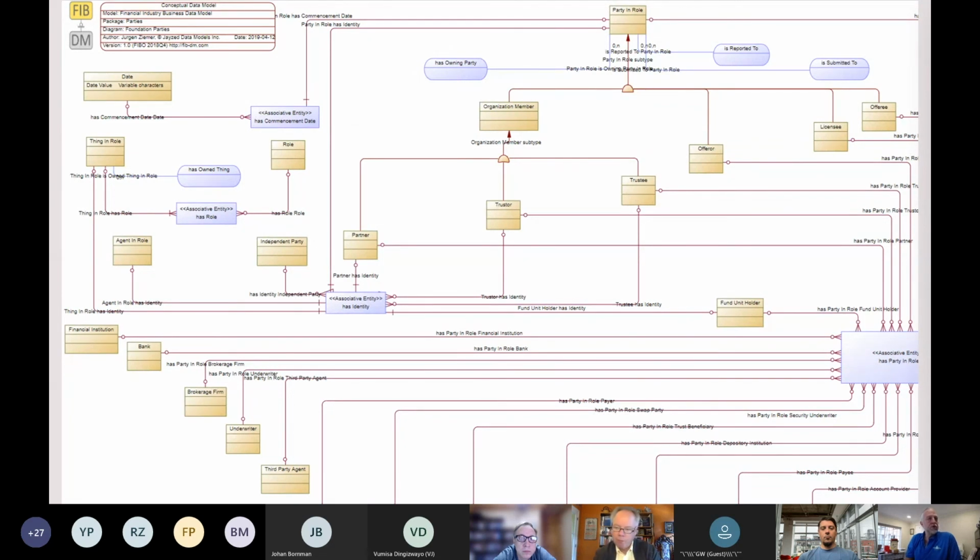How would you reify that, or when you go down to a physical data model, would you collapse, and by rolling it up, do you take the roles and put it into a party role?